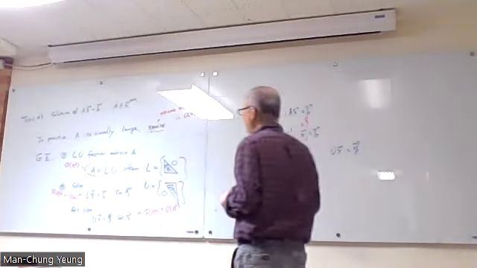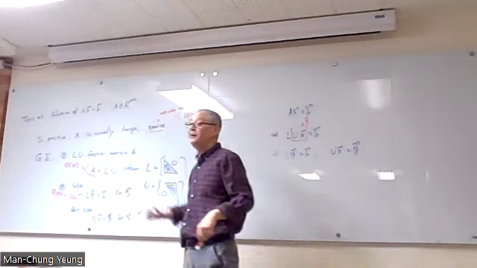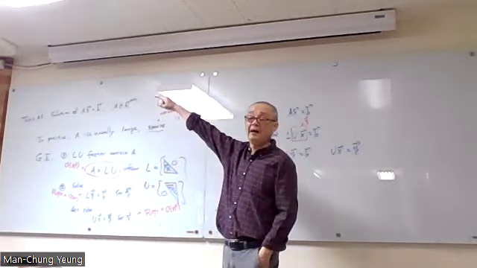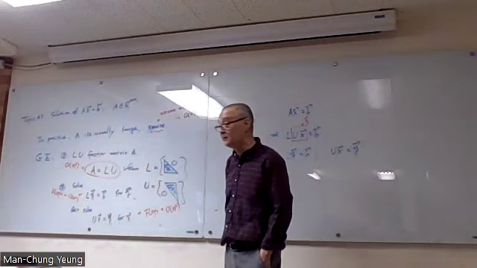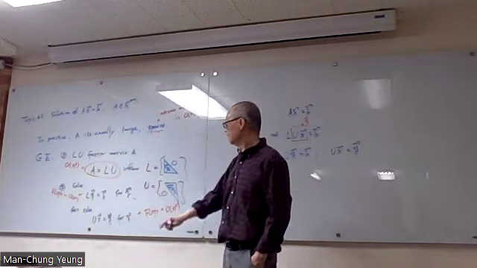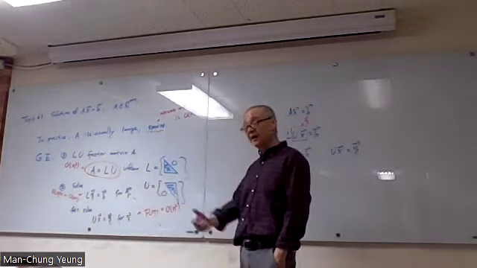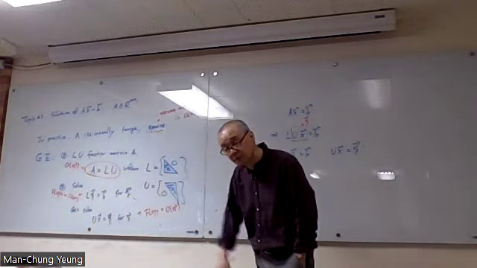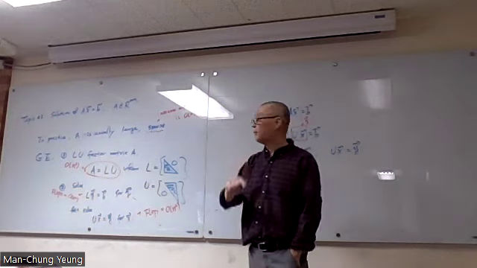For a sparse and large matrix, nobody uses Gaussian elimination. In industry, or even in your research, you don't use GE. What is wrong with GE? The problem is here.